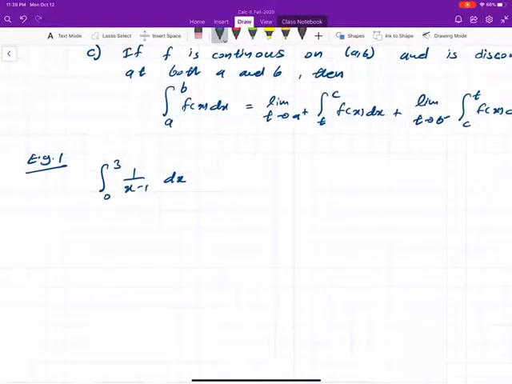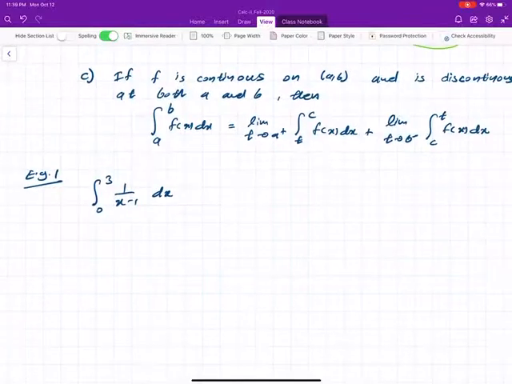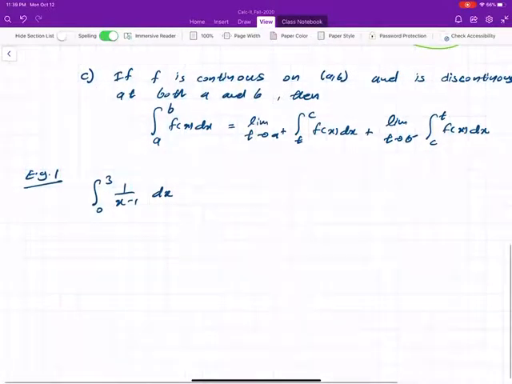Alright, so that is example number 3. So example number 1, which is integration from 0 to 3, 1 over x minus 1 dx. Now this is discontinuous at x equals 1.